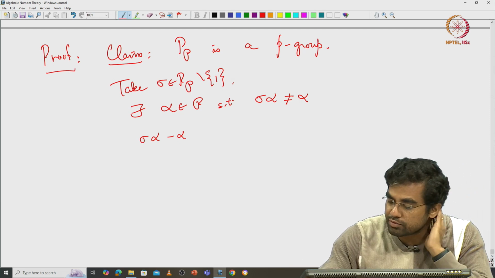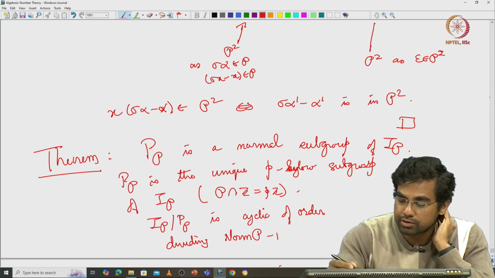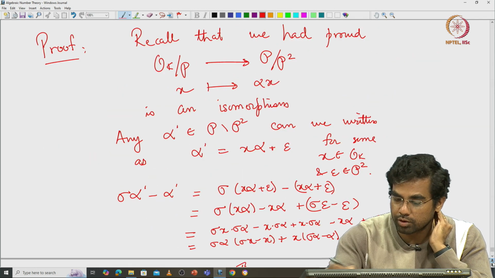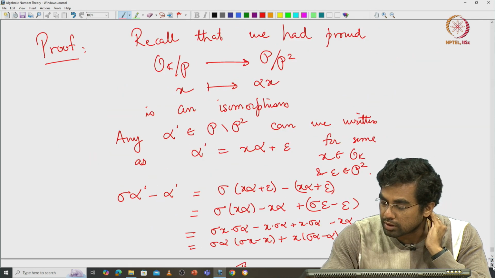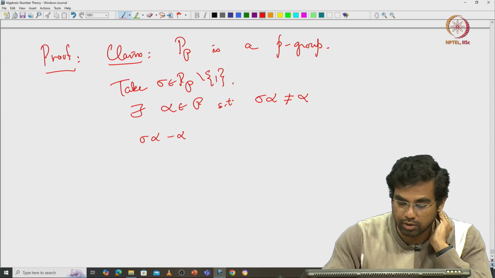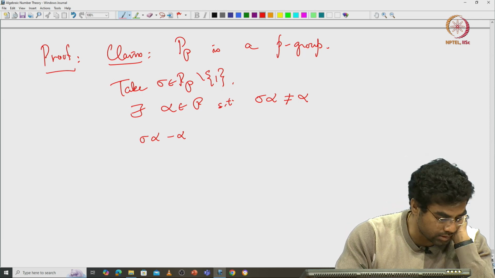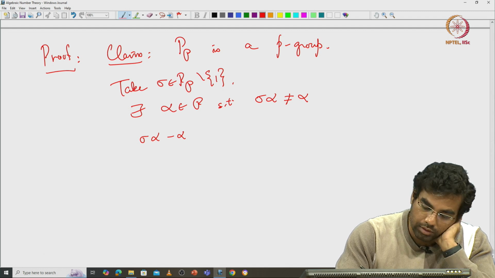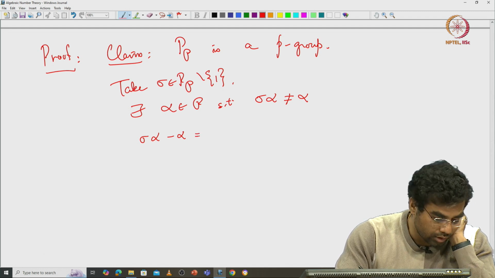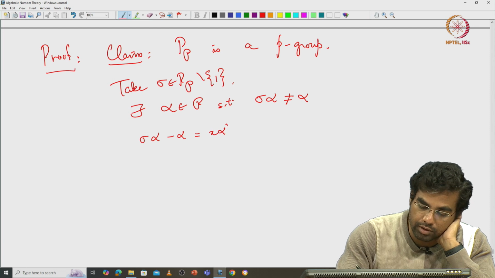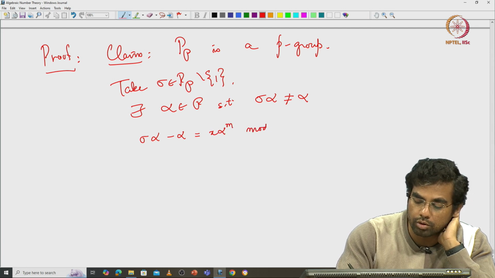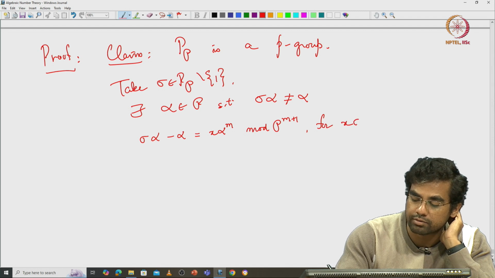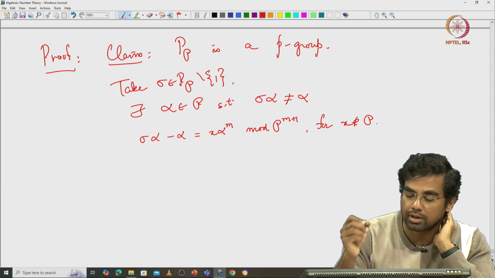This is very similar to the idea that was used here, so I am not going to recall it again. If you like, you can take that as an exercise. So, this is equal to some x times alpha to the m modulo p to the m plus 1, for x which is not in P.